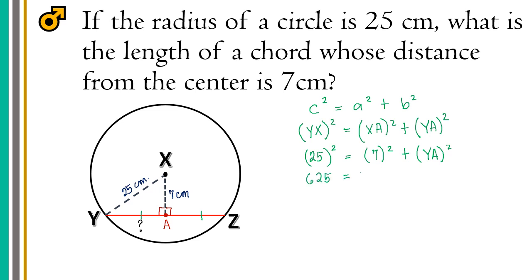And 7 squared, that is 49. And of course, you just simply copy the YA squared. Okay, now we need to combine like terms. So simplify. I'm gonna use the shortcut by means of transposition. So 625 minus 49 is 576. Okay, and that is for the measure of YA squared.